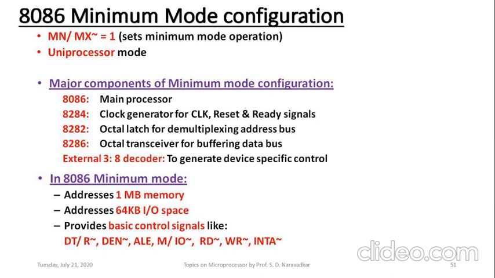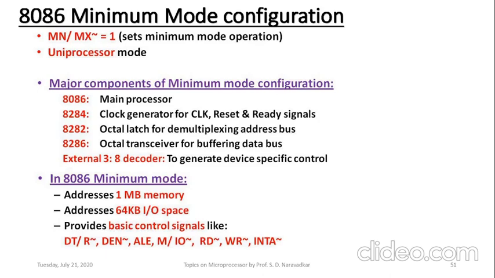In fact, it is 64K IO devices, each of 8 bit, or 32K IO devices, each of 16 bit. In the features of 8086, we have seen this particular part. And these two spaces, memory and IO spaces, are totally isolated from each other.